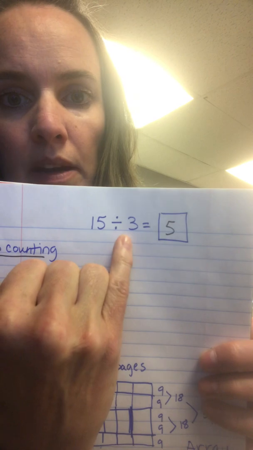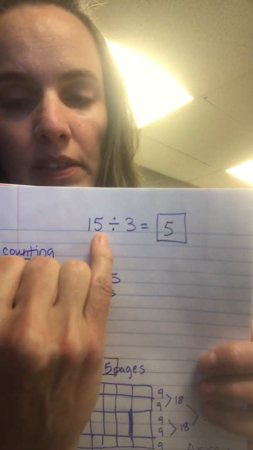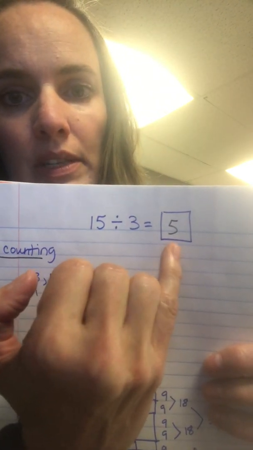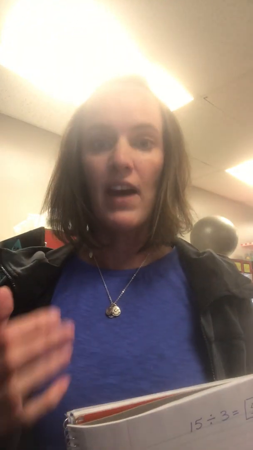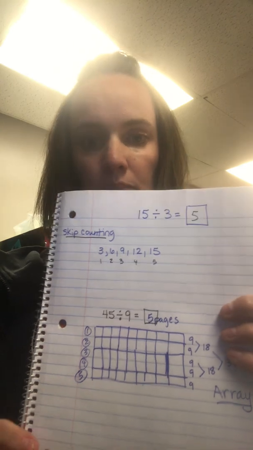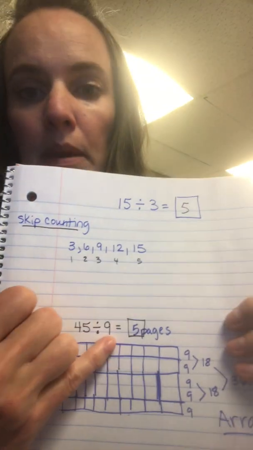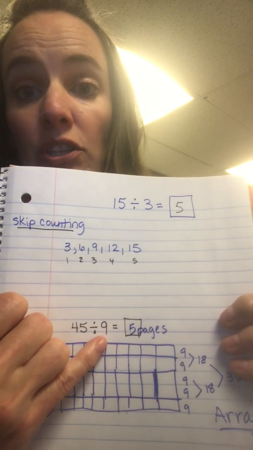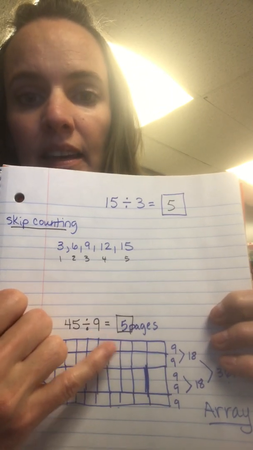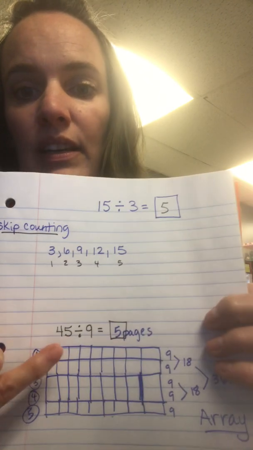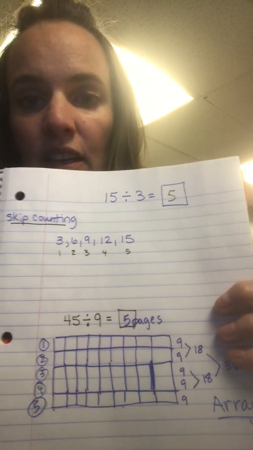I know that 3 times what number is 15? I know that 3 times 5 is 15. So I can use what I know about fact families and how multiplication and division go together to solve this equation as well. So 45 divided by 9. Well, I maybe don't know what that is, but I do know that 9 times 5 is 45. So remember our fact families.